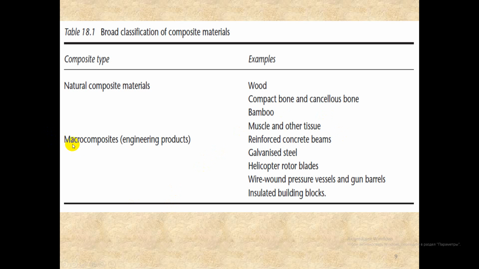Examples of macro composites are reinforced concrete beams, galvanized steel, helicopter rotor blades, wire-wound pressure vessels and gun barrels, insulated building blocks, etc.